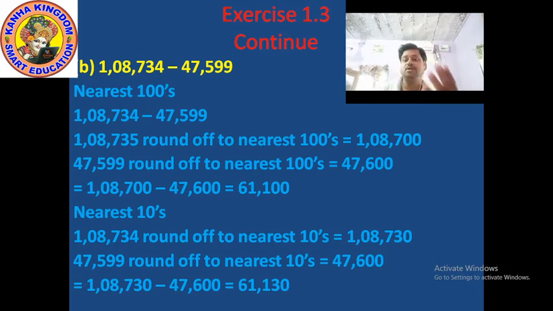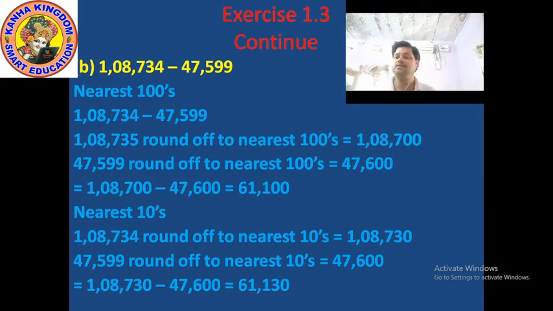Now move to the 10,000 place. In the bigger number, which digit is in the 10,000 place? 0, and in the smaller number? 4, and 0 is not capable to subtract 4. So the 10,000 place takes help from the lakh, and in the lakh 1 is there, so 1 comes to the 10,000 place, making 10. Now 10 is capable to subtract 4, and 10 minus 4 becomes 6.